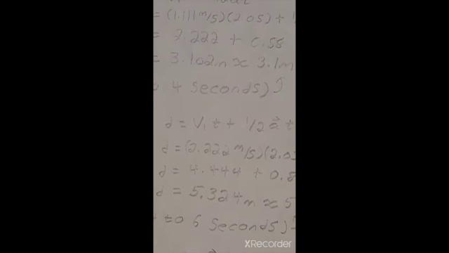That gives us distance is equal to 1.111 meters per second times 2.0 seconds plus half of 0.44 meters per second squared times 2.0 seconds squared. And remember, only 2 is being squared. That means D equals 2.222 plus 0.88, which is equal to 3.102 meters, which we round with 2 sig figs to 3.1 meters.